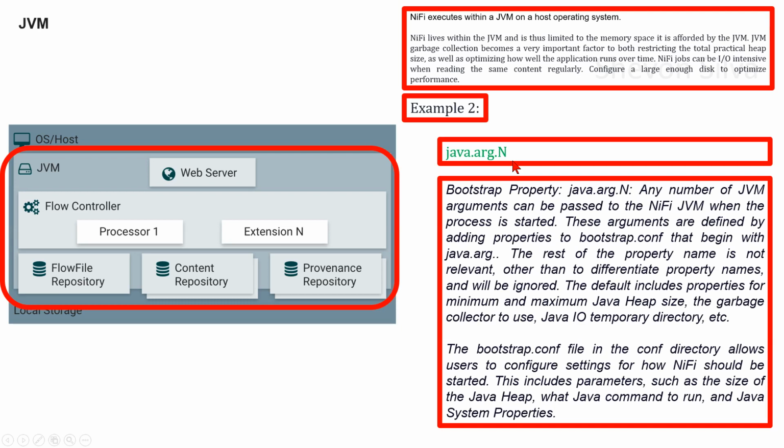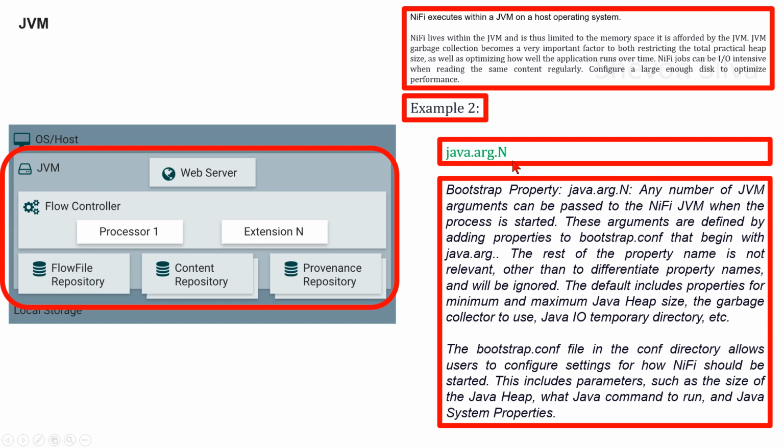These arguments are defined by adding properties to bootstrap.conf that begin with java.arg. The rest of the property name is not relevant other than to differentiate property names and will be ignored.